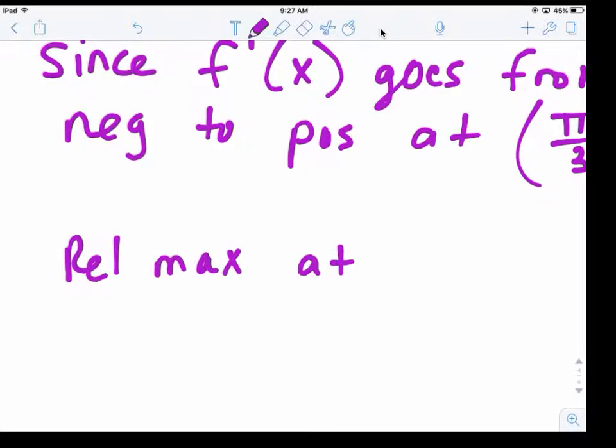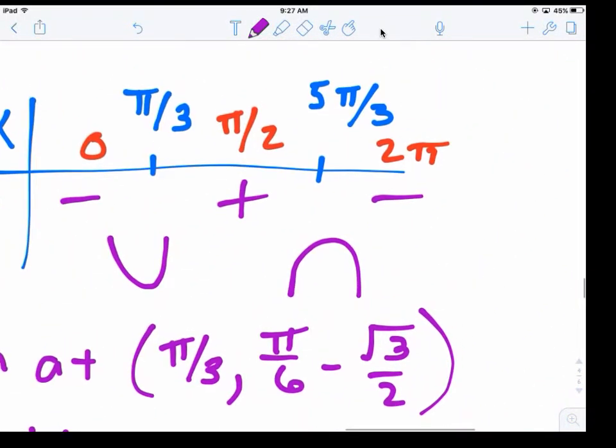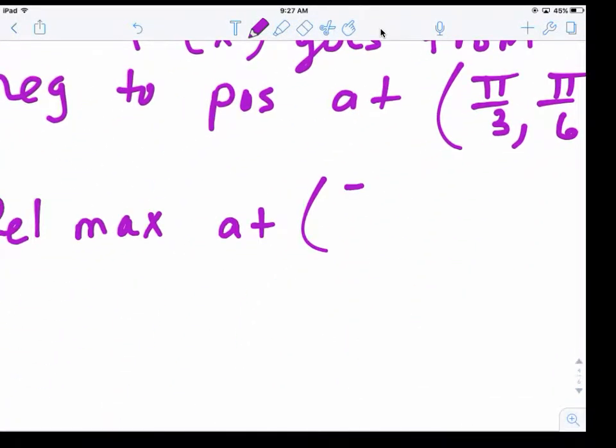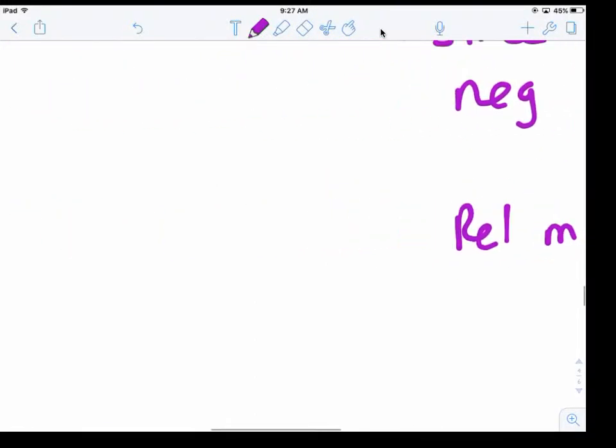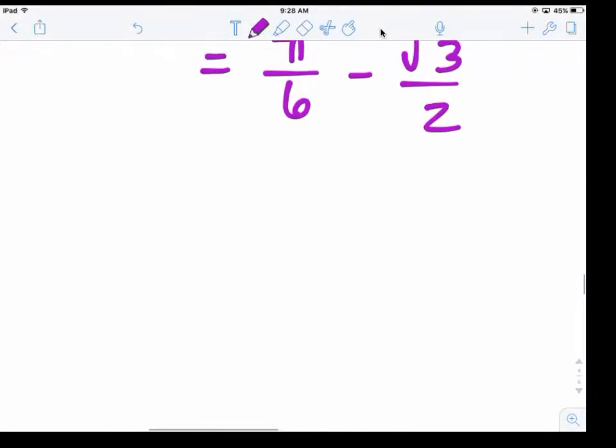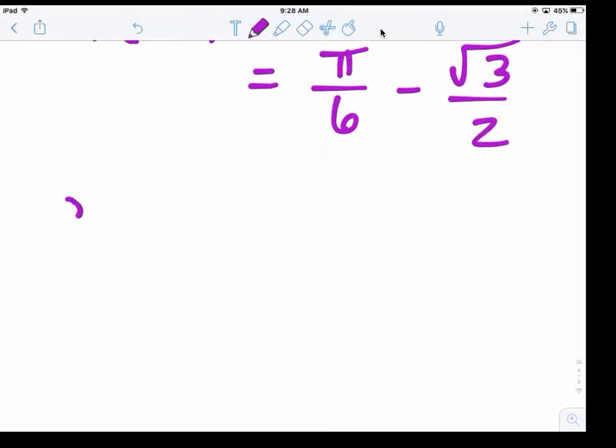at, what did we figure the relative max was? 5 pi over 3. And then we've got to figure out the y value to that one. 5 pi over 3.